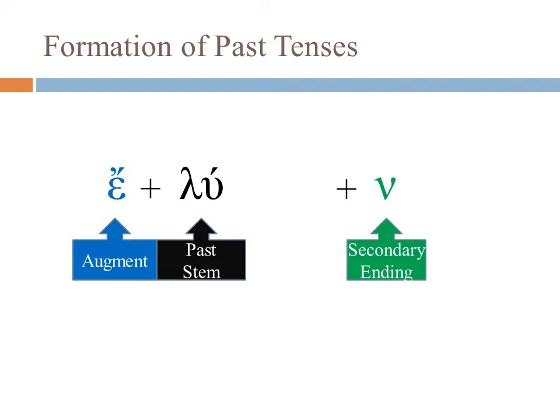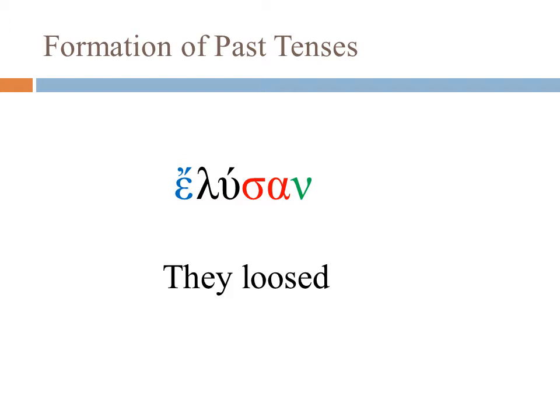Only past tenses have secondary endings. And it may have a tense formative, but it may also not. It may be a past tense that does not take a tense formative. And in this case, ἔλυσαν would be translated as they loosed.